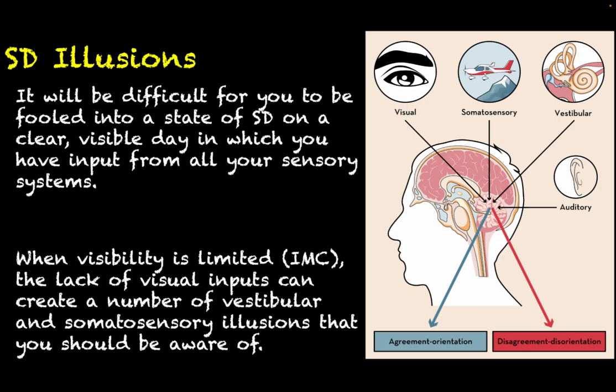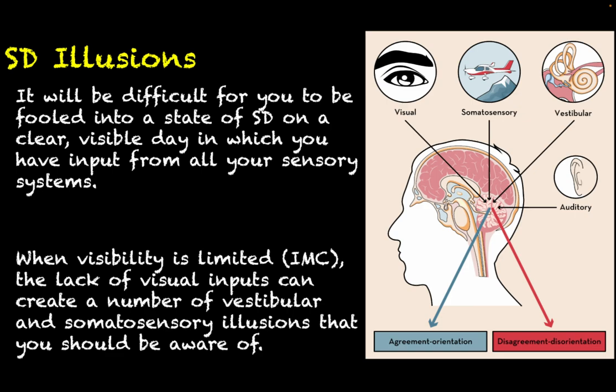Now, when visibility is limited, like it would be in instrument meteorological conditions, the lack of visual inputs can create a number of vestibular and somatosensory illusions that you should be aware of. So if you take away that visual information, you're taking away a lot of what your brain relies on to establish your sense of where your body is with respect to the space that's around you.